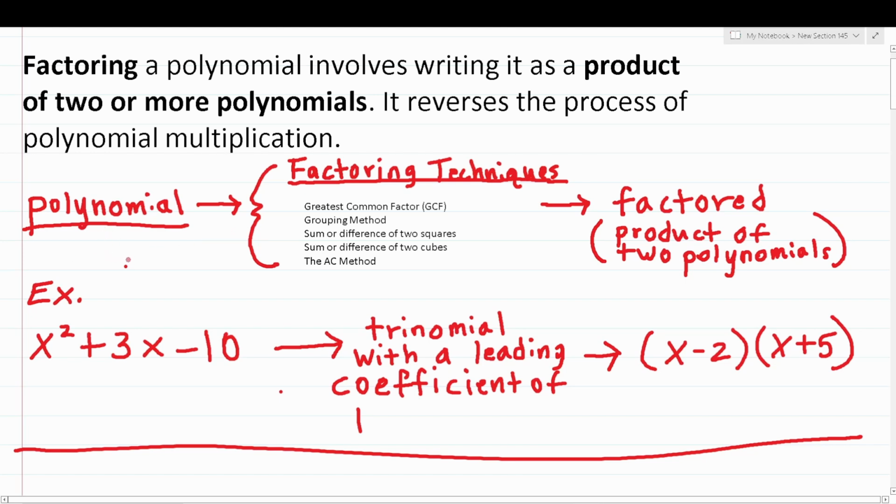You'll have to look at that polynomial and select the appropriate factoring technique, some of which can be very advanced, in order to express that polynomial in factored form, that is, as the product of two polynomials. Well, in today's video, I'm going to get rid of the need for you to memorize those advanced factoring techniques.